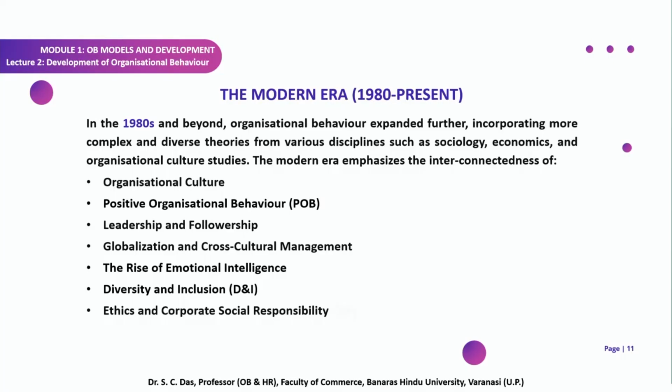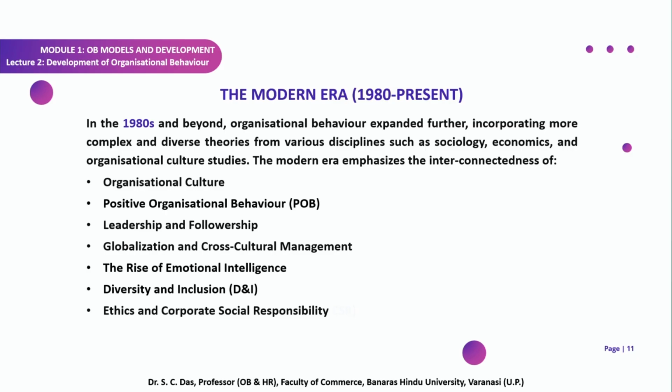Now see the modern era, 1980 to the present. What is the modern era basically? 1980 and beyond, there are so many developments across disciplines such as sociology, economics and organizational structure.